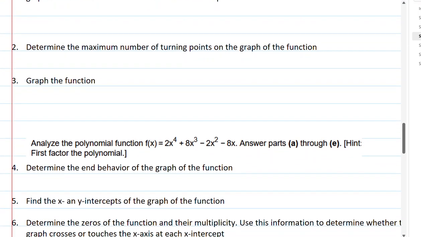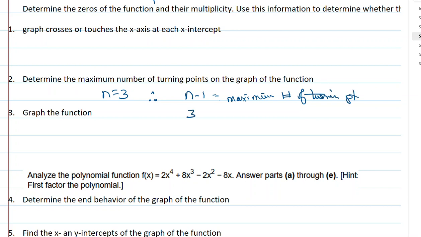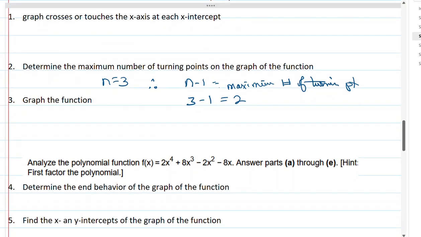All right. Determine the maximum number of turning points. Well, if n is 3, therefore n minus 1 is the maximum number of turning points. So we've got 3 minus 1, so it's 2. All right, and then you graph the function. The graphing is done on the computer.